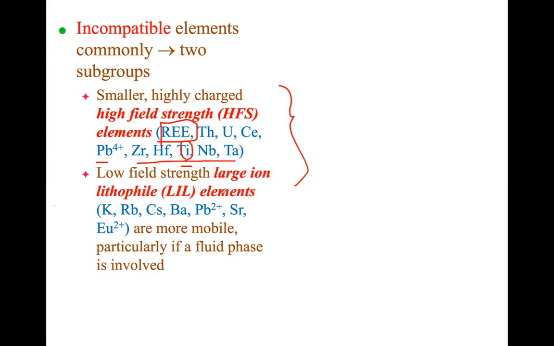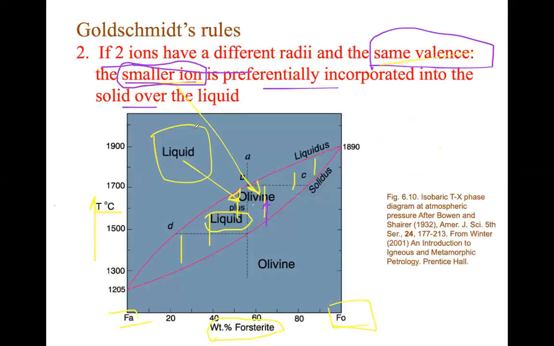Okay. So for the large ion lithophile elements, we discussed rubidium, cesium, barium, strontium-like elements. You can put potassium also there, right? And europium also, right? Europium 2 plus, remember, europium 2 plus. Usually europium 3 plus is included in the rare earth elements. Do you remember?